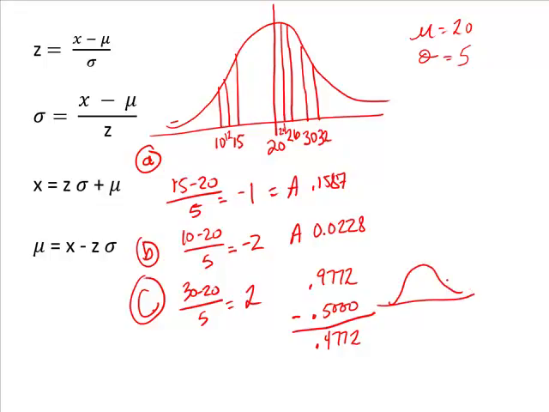Yeah. So the mean's 20, and I said 30. You find the area for 30. The table gives you the area from 30 all the way back here. Not sure why you subtracted it. Okay.